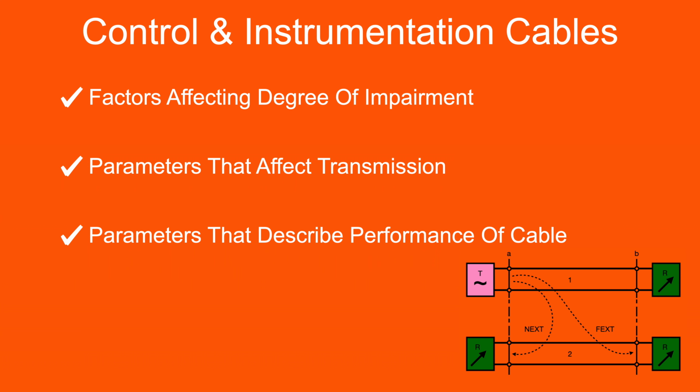The opposition offered to the flow of current in an AC circuit because of resistance, capacitance, and inductance is known as impedance, or it is the contribution of both resistance and reactance.